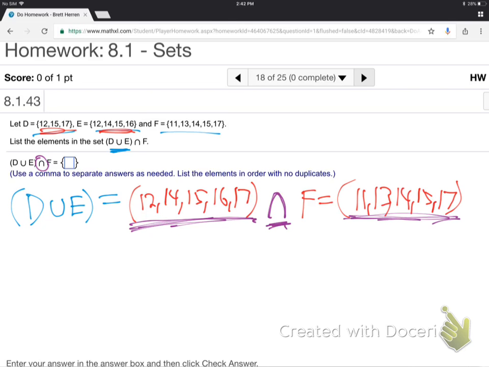See the final step there? How do I do that? How do I overlap them? Is there anything? 14, 17, I see. They both have 14, they both have 17. Oh, 15. Anything else? No, that's it, huh? So 14, 15, 17. That's the answer to the overlap.